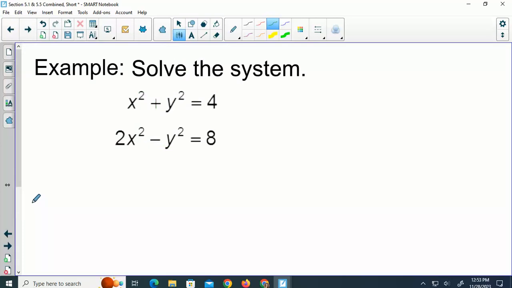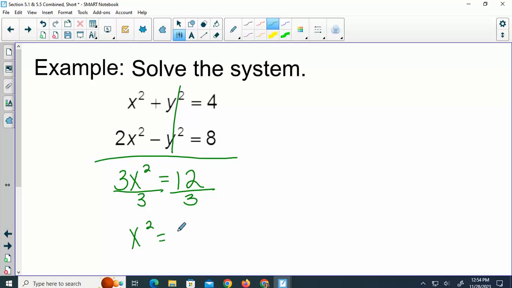Let's look at this problem. What are your thoughts? Y squared drops. So x squared equals 4.